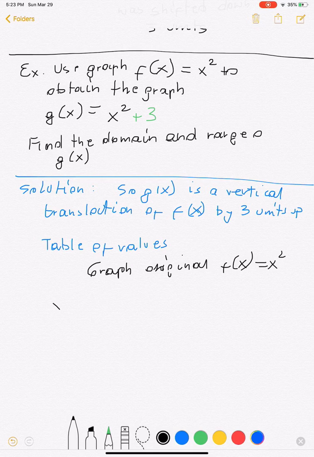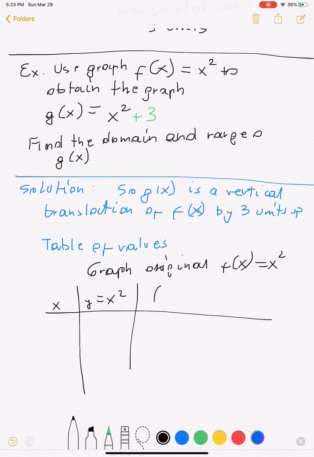So we're going to pick 3 nice points. x, y is just equal to x squared, and we need points x comma y. So when x is equal to 0, y also will be equal to 0, because 0 to the second power is equal to 0. So we have the point 0 comma 0.